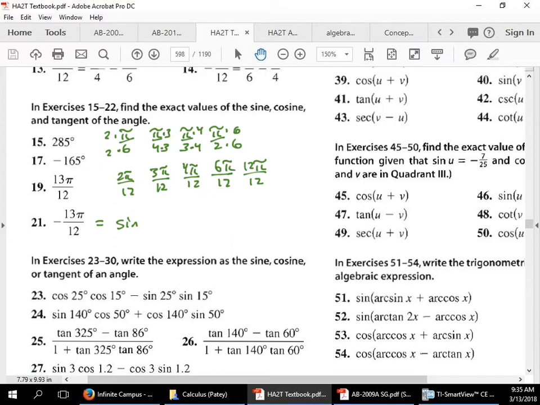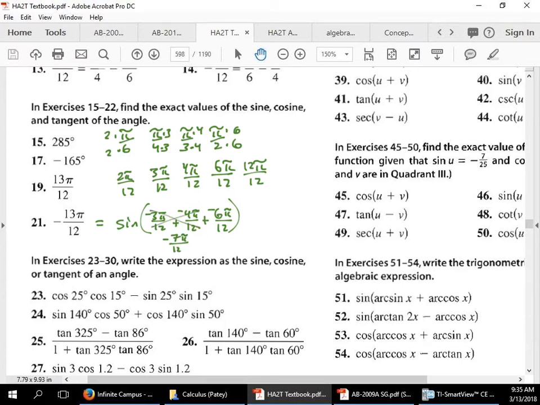Okay. So we have 3 pi over 12 plus 4 pi over 12 plus 6 pi over 12. Oh, yeah, these are all going to have to be negative. Okay, so this is what I would do. I actually would probably keep one of these as negative 7 pi over 12, and I wouldn't split that one up yet.